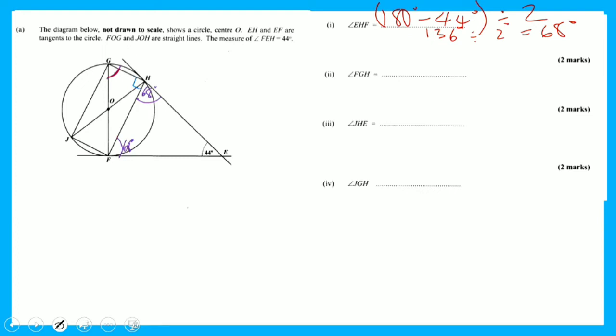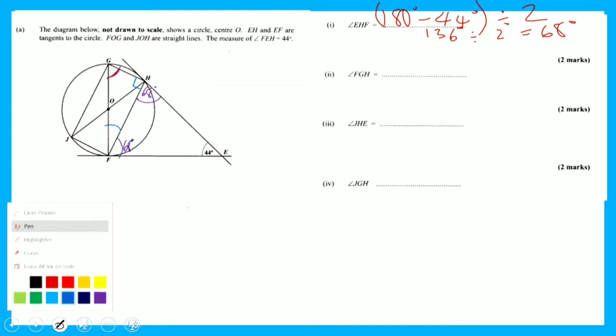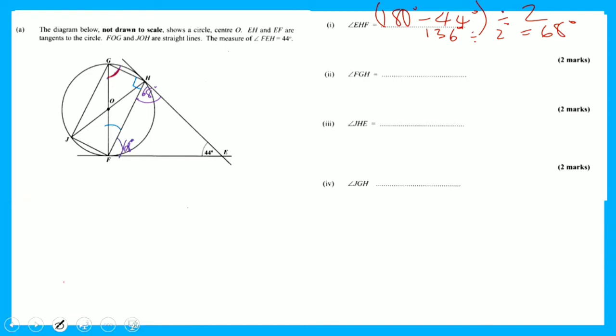Also, if we look at the third angle in this triangle, the line GOF meets the tangent EF, so we should expect that this radius and tangent meet at 90 degrees.